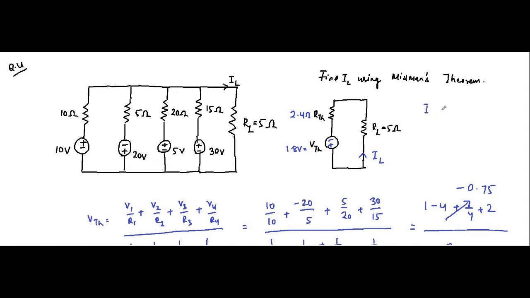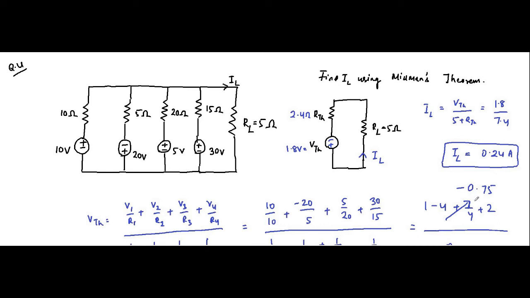So IL will be VTH by 5 plus RTH, which is 1.8 by 5 plus 2.4, which is 7.4. That is equal to 0.24 ampere. This is the current.